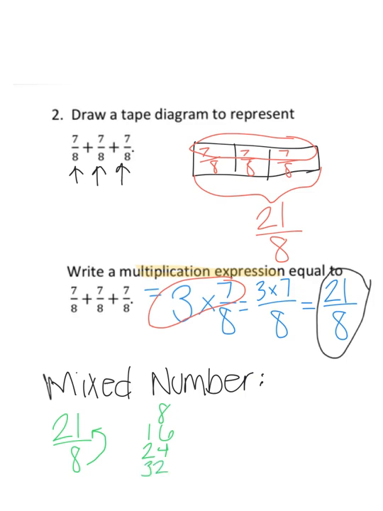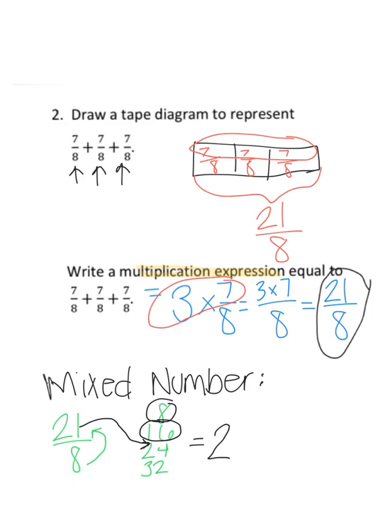All right, where does 21 fit in? That goes between 16 and 24. So I know 8 can fit within 21 at least 2 full times. So we can have 2 whole groups of 8 inside of that 21, and it only uses up 16 of those numerators.